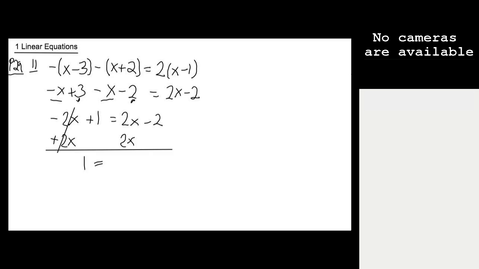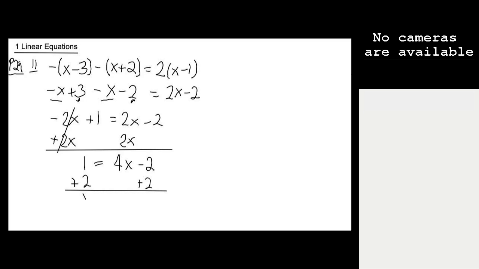And again, I can add 2 to both sides. Later, we will just maybe do them a little bit quicker. We can say when I bring the negative 2 to the other side, it becomes plus 2. But this will give me 3 here. 3 is equal to 4x.